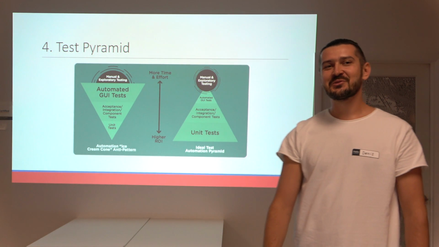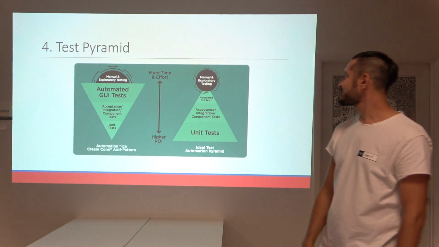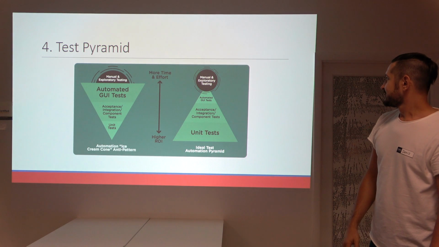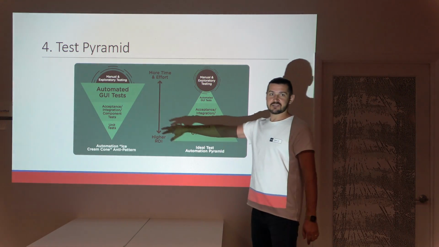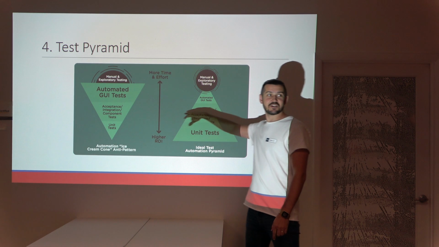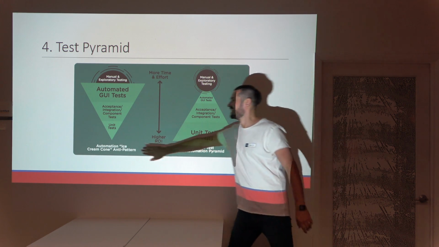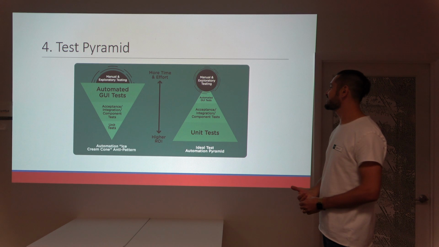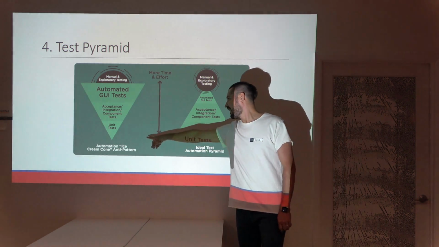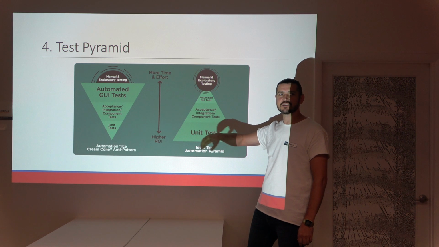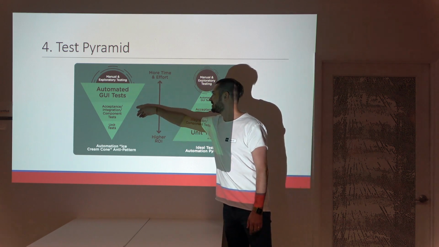Which leads us to the next question. According to the test pyramid, as test automation engineers, which one should we use, this or this? The right one. I'm showing the right one, right? Because this is an anti-pattern, the ice cream cone. And a lot of companies actually do it this way.